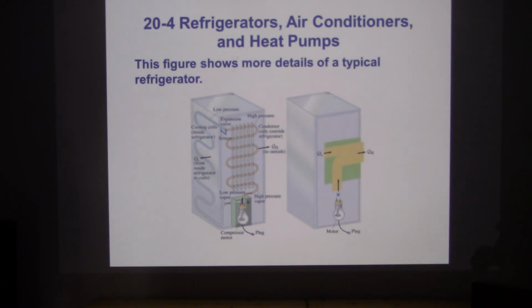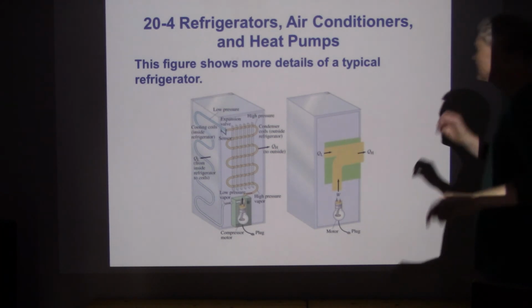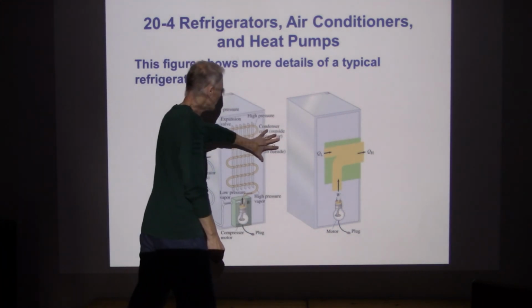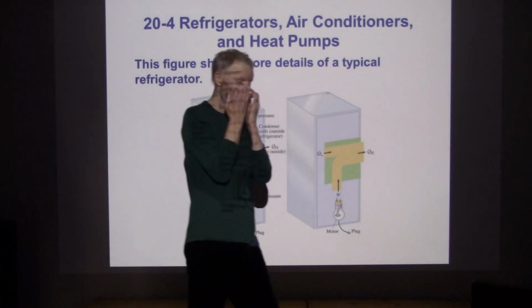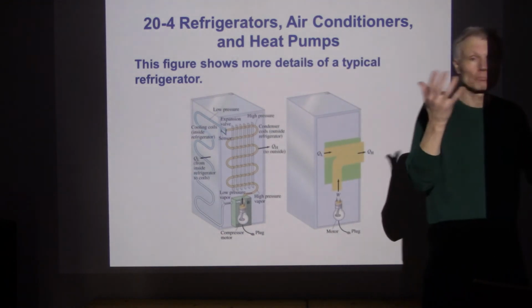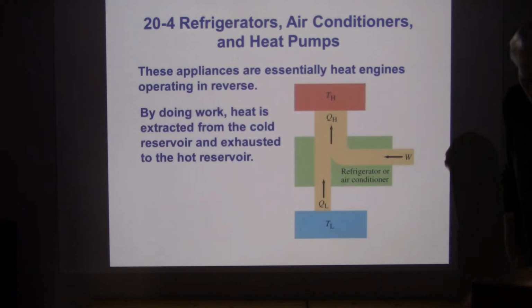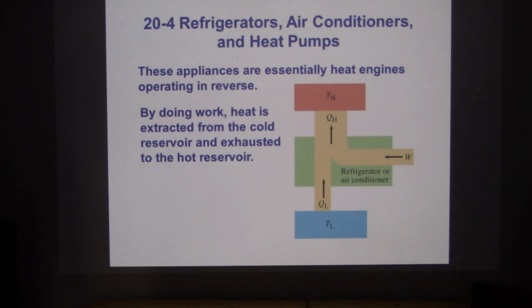We put the low temperature region inside the refrigerator, we put the high temperature region outside, and we draw QL from inside the refrigerator and release QH to the outside. It's remarkable, an amazing process. Okay, I'm going to stop there. We'll pick up with refrigerators next time.